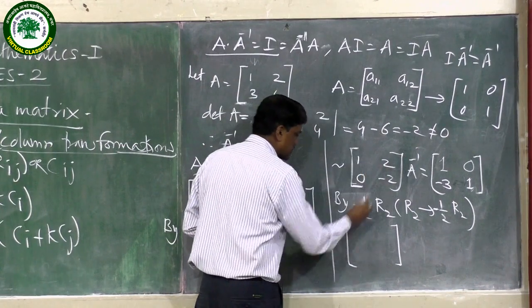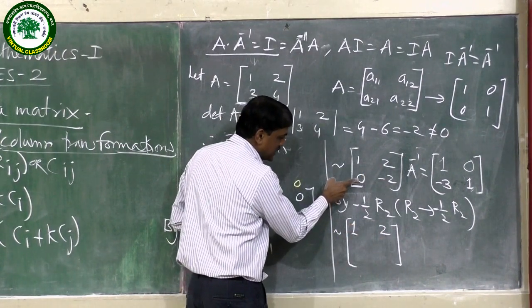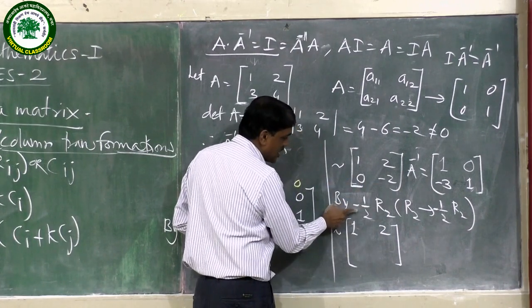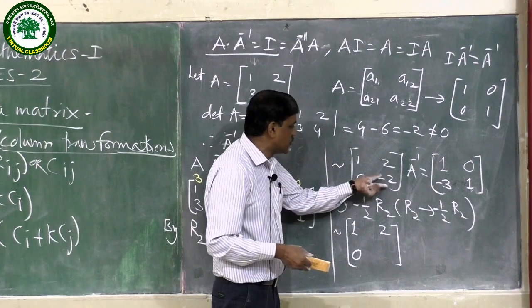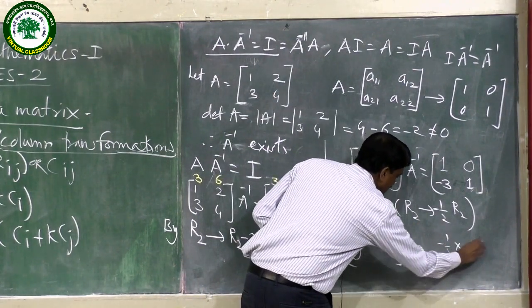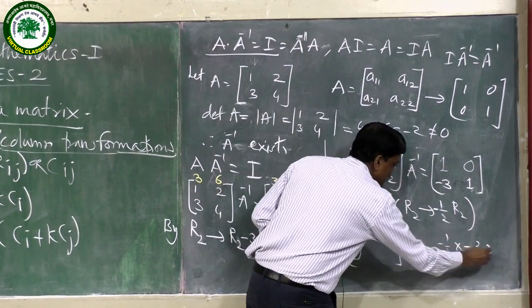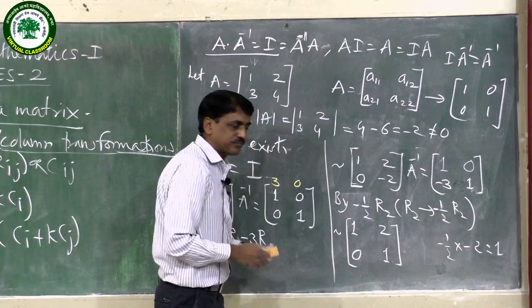There is no change in the first row, so 1 2 as it is. Multiply these two elements by minus half. Minus half into 0 is 0. Minus half into minus 2, minus minus plus, 2 upon 2 is 1. So there is 1 here.